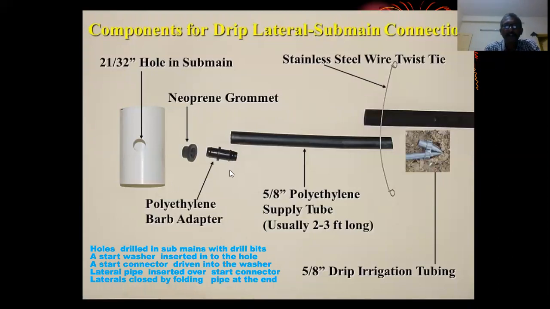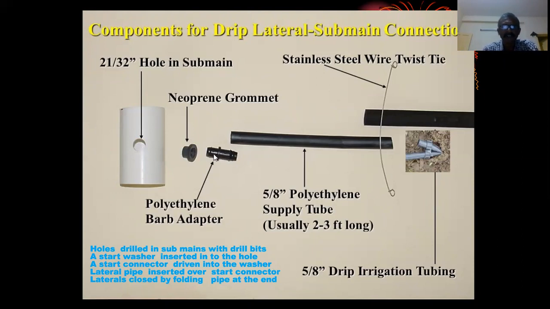See here how a lateral pipe is connected with a submain. First a hole is drilled. And a lateral washer is placed inside this hole. Then a lateral start, or sometimes it is called a barb adapter. Each company will call this component with its own name.